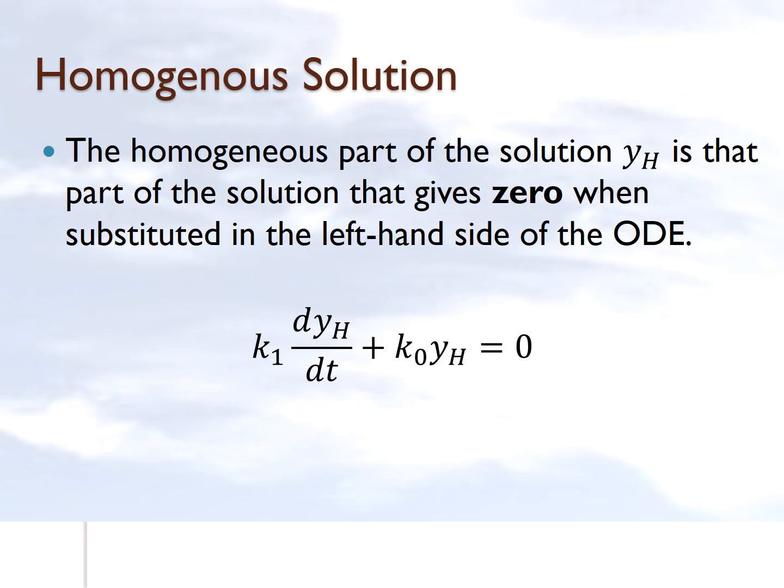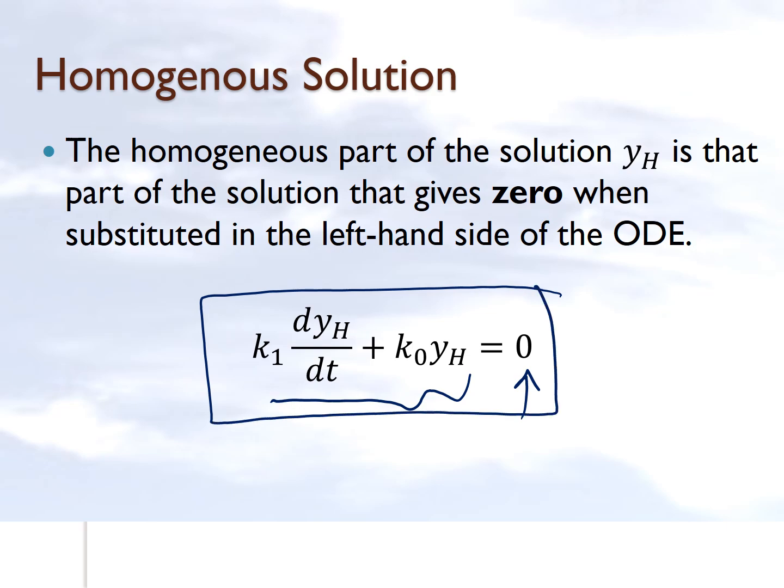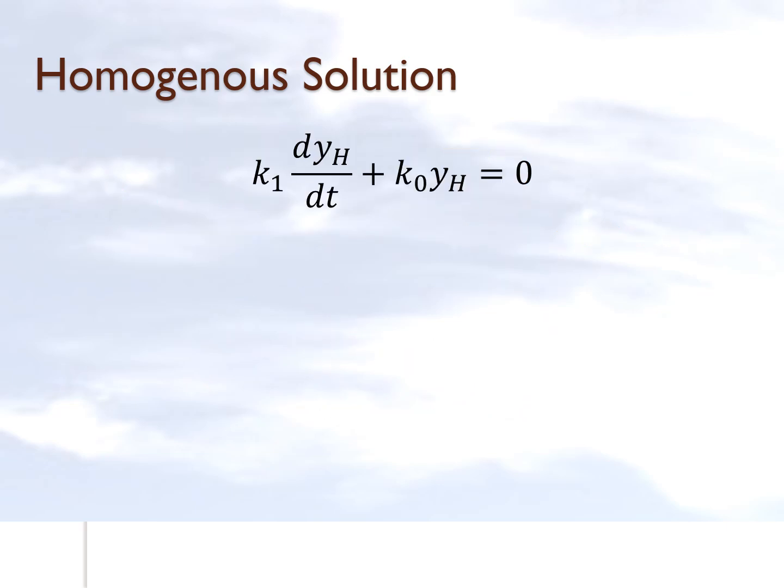So we start with the homogeneous solution. The homogeneous solution is the solution that makes the left-hand side of our differential equation equal to 0. With the differential equation equal to 0 on the right-hand side, we can use simple calculus steps to generate a solution. So here, this differential equation can be written as k1 dyh/dt equals minus k naught yh.